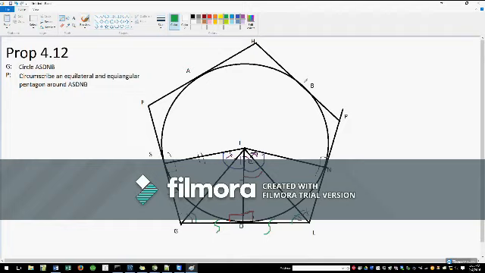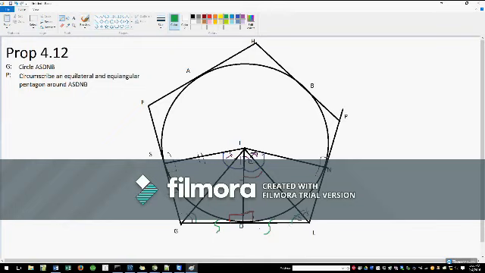Next I say it's equiangular. Because we proved that SGD was bisected by GT and DLN by LT. But the angle TGD was proved equal to the angle TLD.